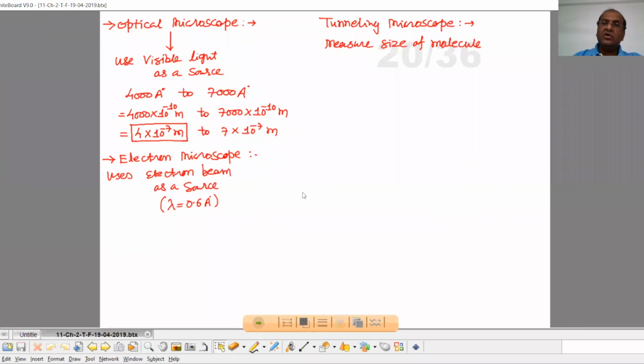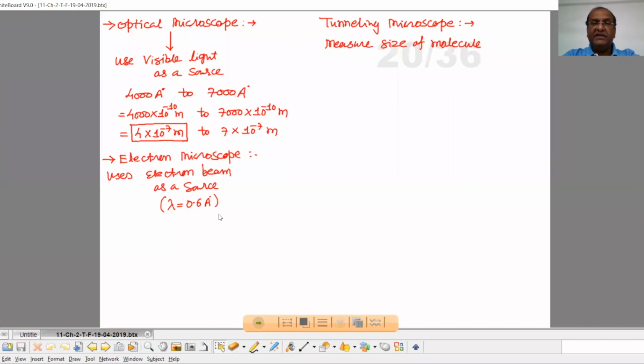And when the electron behaves as a wave in the electron microscope, its wavelength is of the order of 0.6 angstrom. So that is 0.6 into 10 raised to minus 10 meter. It implies that using the electron microscope, one can take measurements of the order of 10 raised to minus 10 meter.